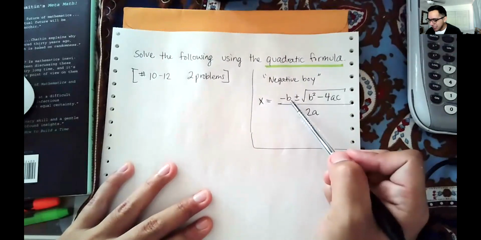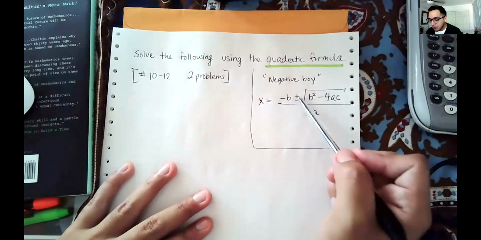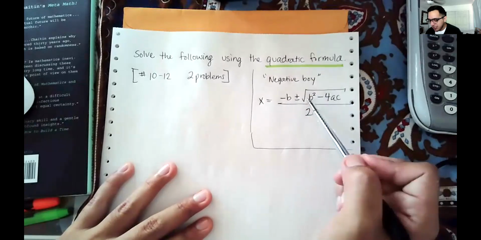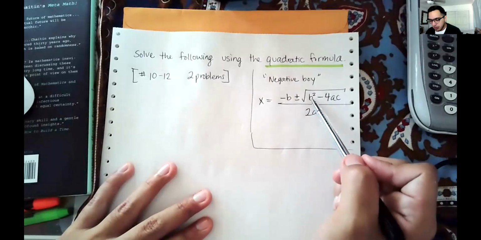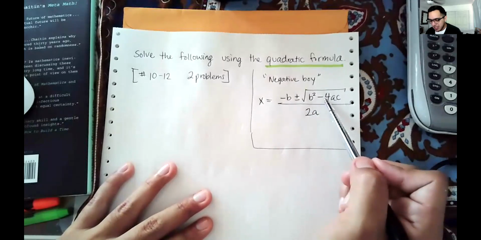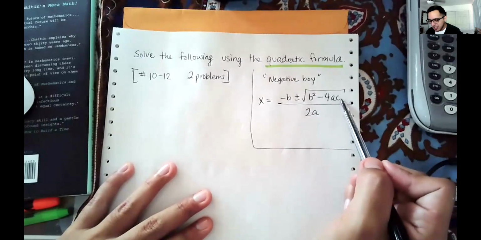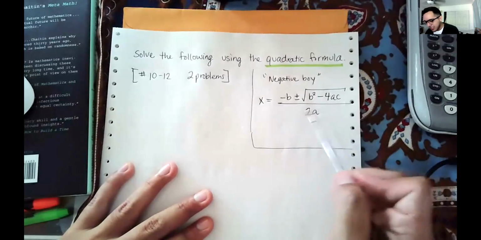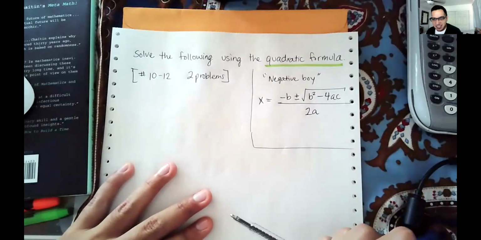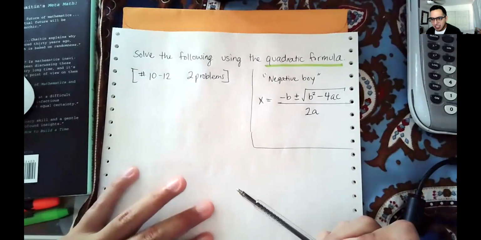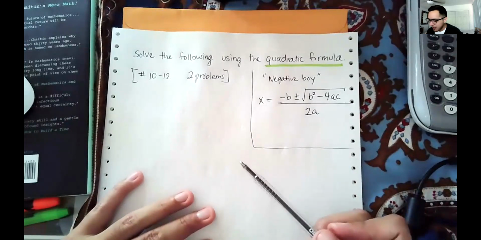So it's negative b, the negative boy, plus or minus, was uncertain of whether to go to the radical party, so that's the square root, because the boy was a square, so he missed out on 4 awesome chicks, and the party was all over at 2 a.m. Just a little helpful mnemonic device in case you guys want to tell yourself the story of the negative boy.